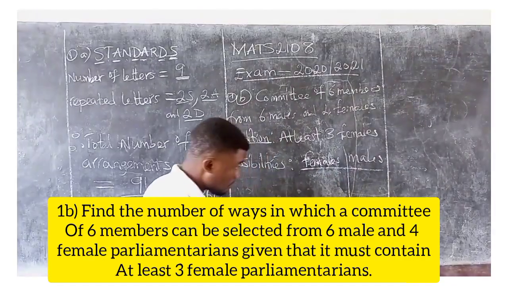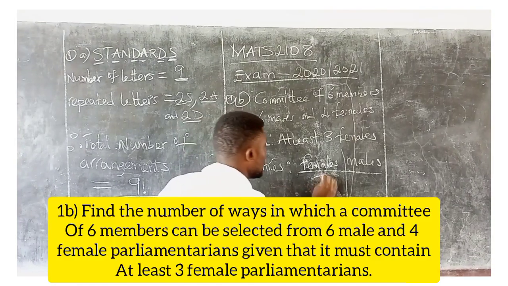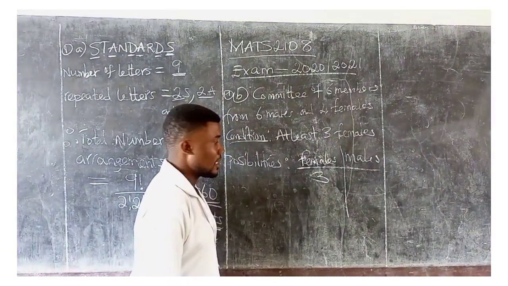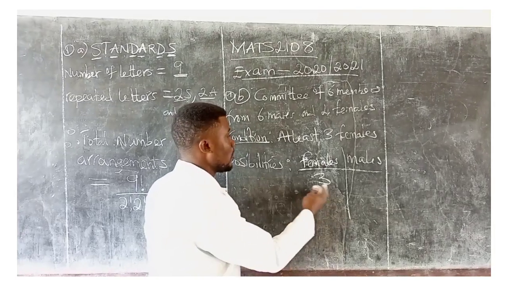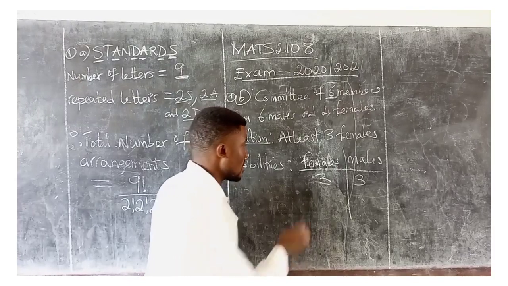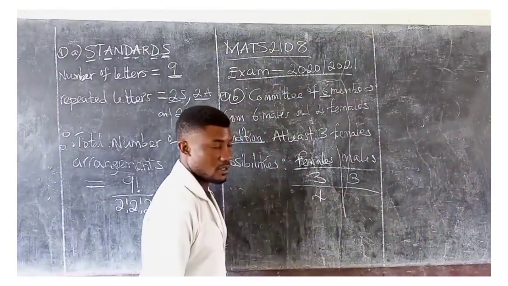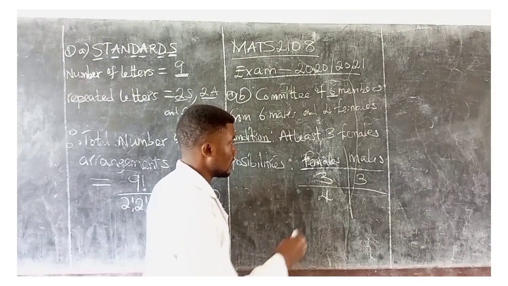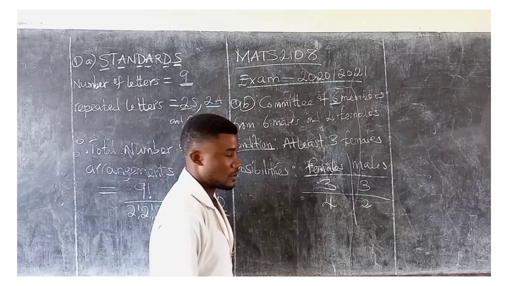Now, there must be at least 3 females, which means that's the lowest number, 3. And if we already select 3 females, then we need 3 males to complete the 6 members. If not, there can be 4 females. And if there are 4 females, then to complete the 6 members, we need 2 males.